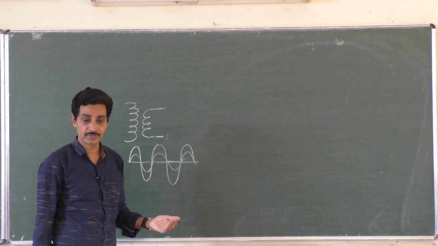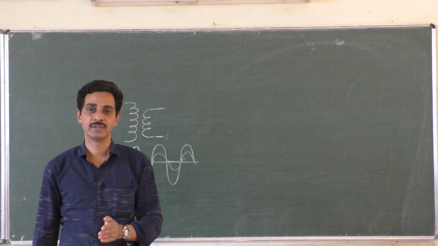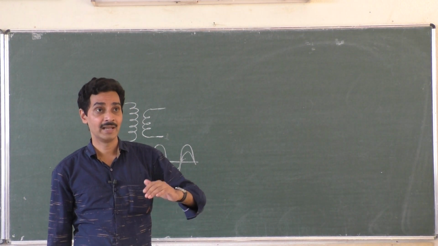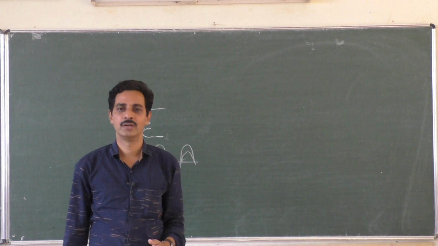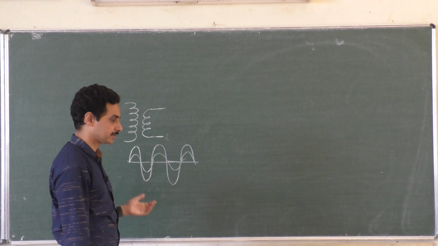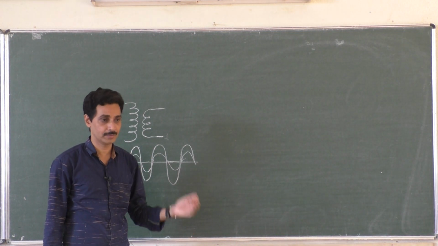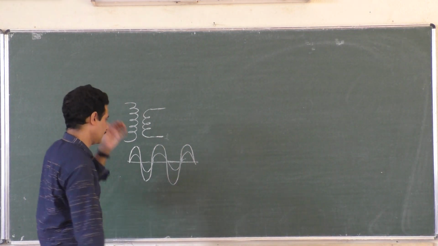If F is the frequency of the input of a transformer, the output frequency of the transformer is F itself. So the transformer's job is to just increase or decrease the amplitude, that is the voltage value of AC, not to change the number of cycles per second. So the number of cycles per second at the output, whether it is a step up transformer or a step down transformer, is one and the same. It is F itself.